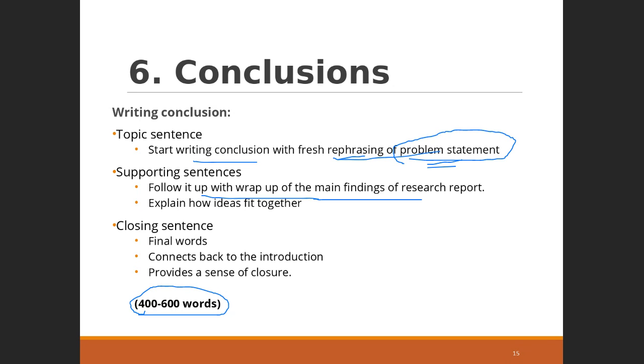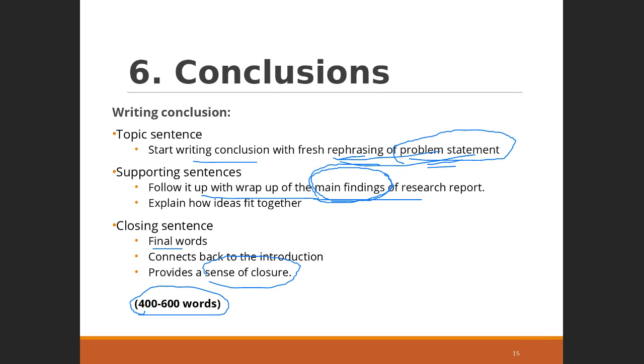fulfilled by the main findings of your research report. That's it. Rephrase your research objectives and then follow it up with the main findings of your research report. Provide the final words on whether your research objectives were fulfilled or not, and if they were not fulfilled, why they were not fulfilled. If they were fulfilled, just provide a sense of closure to your report.